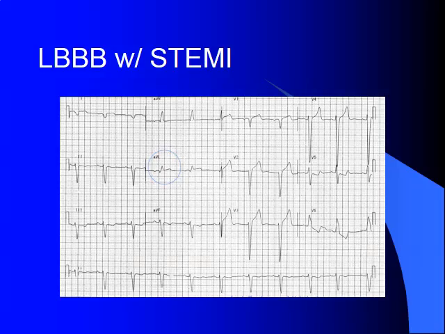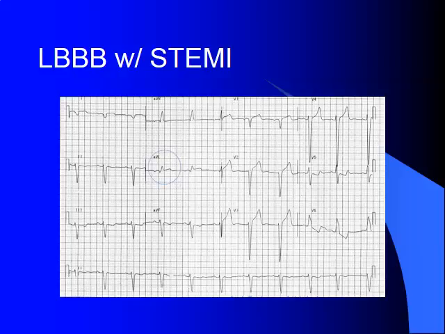Now, comparing that with our left bundle branch block in the presence of STEMI, we do see some changes. We still do have an S wave in V1. We're wider than 120 milliseconds, but we look at lead 1 and aVL, and we see concordant ST elevation in these leads, which is 5 points on Sgarbossa's criteria, enough to identify this as a STEMI.